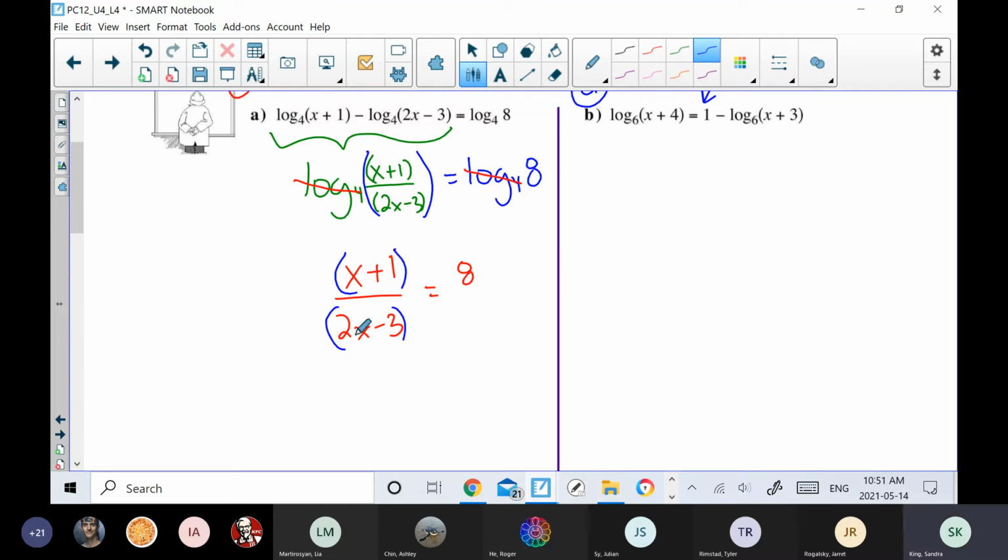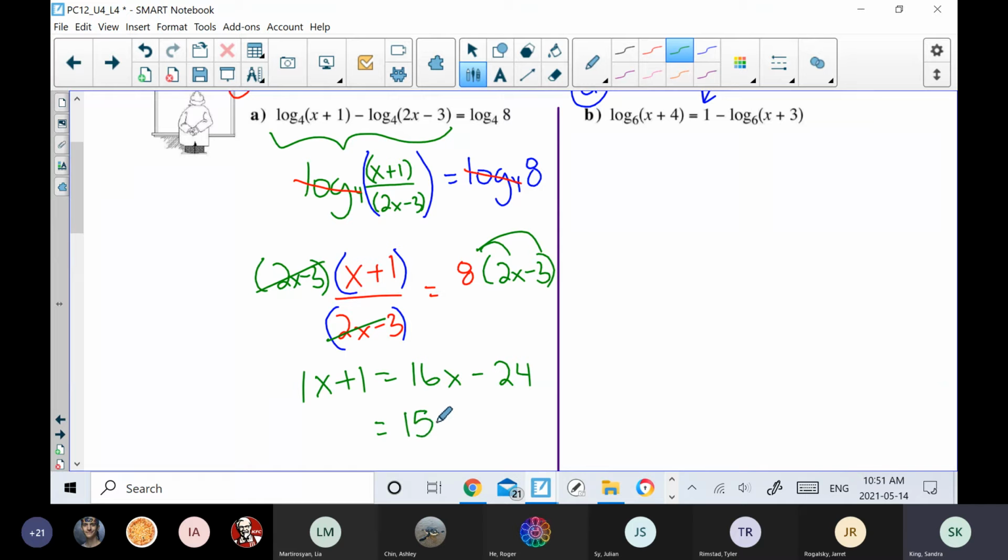Okay, I'm going to get rid of this denominator of 2x minus 3. I don't want that there. So to do that, I'm going to multiply this side by 2x minus 3, and I'm going to multiply this side by 2x minus 3. This will cancel, and I'll be left with x plus 1 is equal to 16x minus 24. We need to solve for x, so I'm going to subtract this 1x over here.